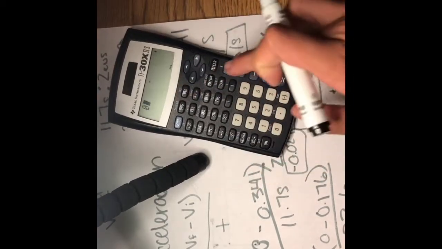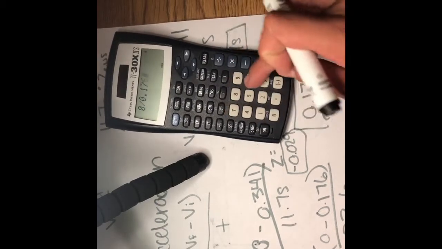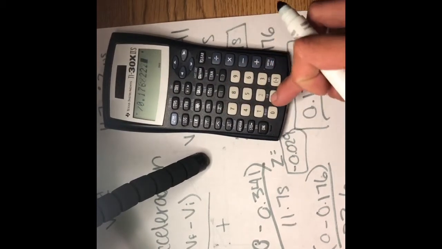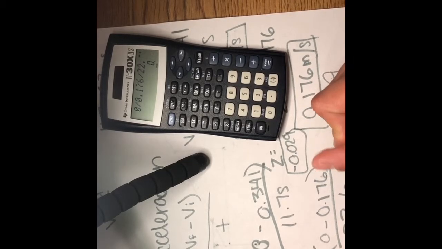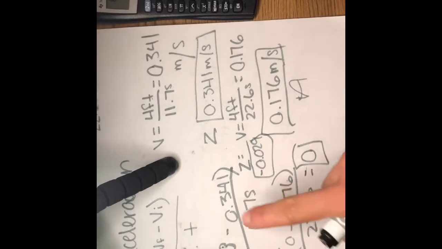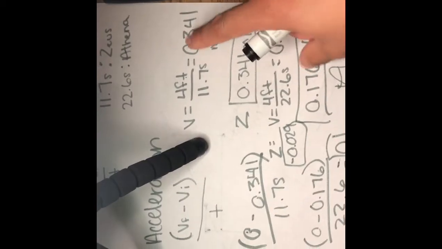And Athena would be 0 minus 0.176 divided by 22.6 equals 0. This is how you would find your acceleration, and this would be how you find your average speed.